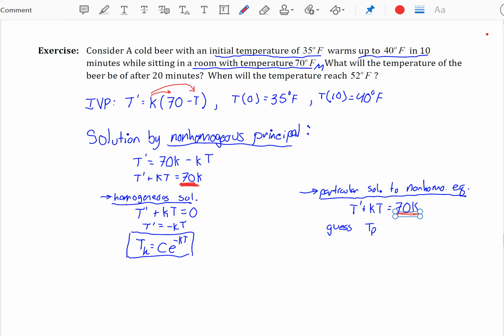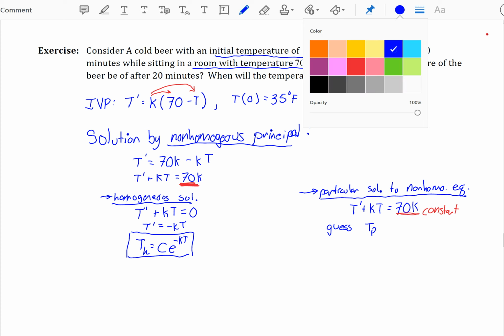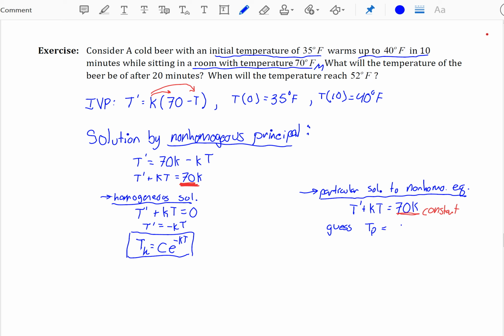Because the right-hand side is a constant, it makes me want to guess that Tp, your particular solution, is also a constant. So let's say it's a constant c.